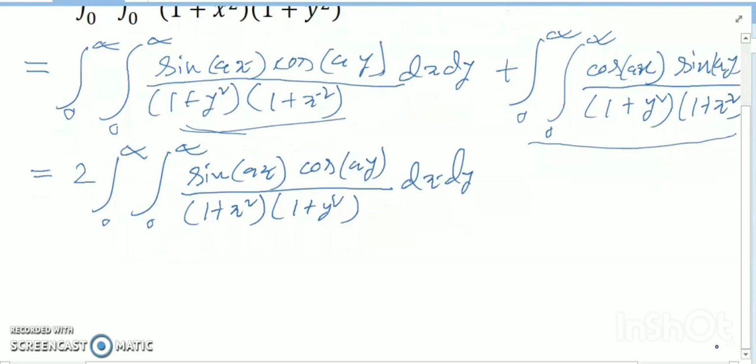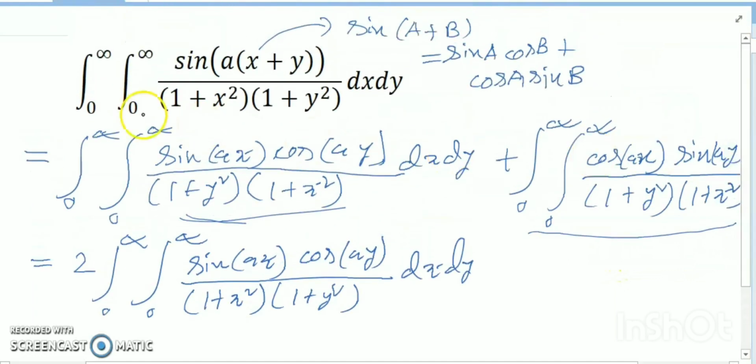So friends, I can write this equation as psi a.